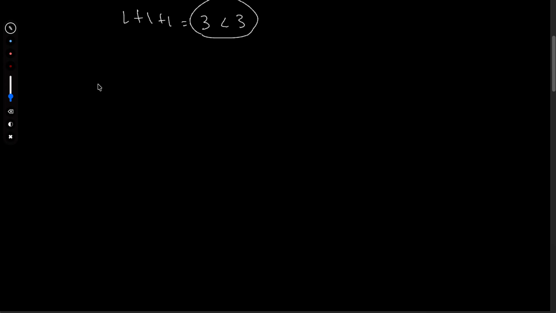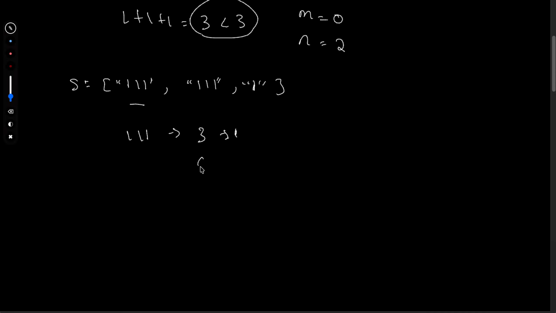If we have strings like this, 10, 0001, 111, and 1, and m is 0 and n is 2, then see, in the string 111 there are 3 ones, and 3 is greater than 2, so we cannot take it.